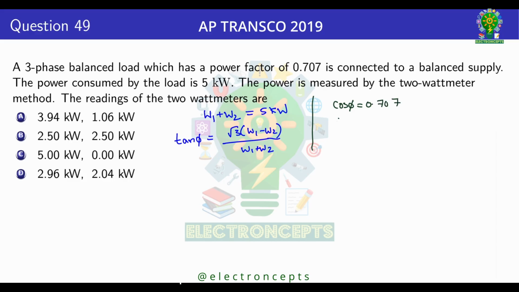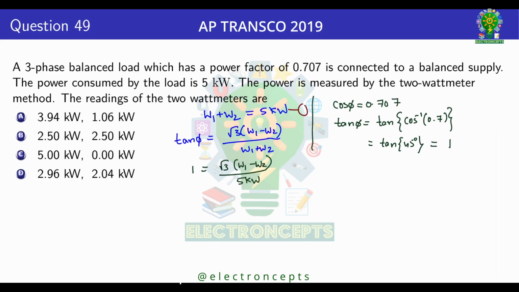From this, phi is equal to cos inverse of 0.707, which is equal to 45 degrees, so tan 45 is equal to 1. Therefore, tan 45, which is equal to 1, is equal to root 3 into (W1 minus W2) divided by 5 kilowatt. Consider this as equation 1 and W1 plus W2 equal to 5 kilowatt as equation 2.